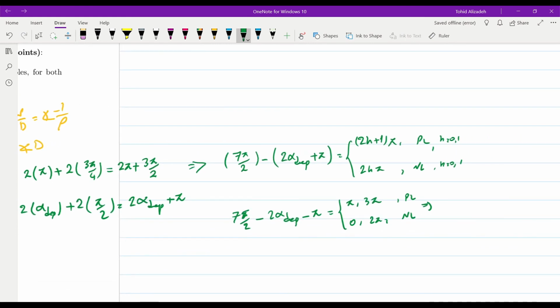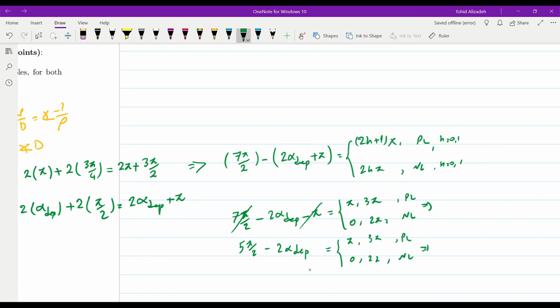And then 7 pi over 2 minus pi will give us 5 pi over 2 minus 2 alpha departure, equal to pi, 3 pi, 0 and 2 pi, positive locus, negative locus.